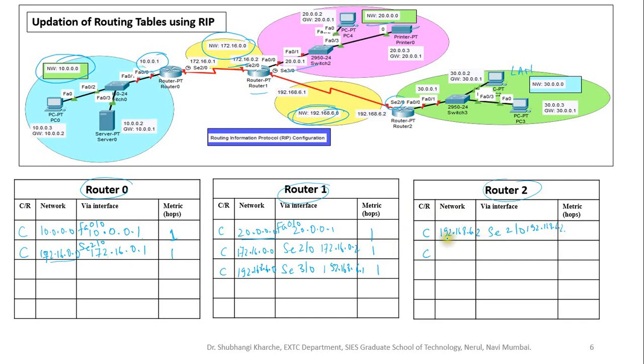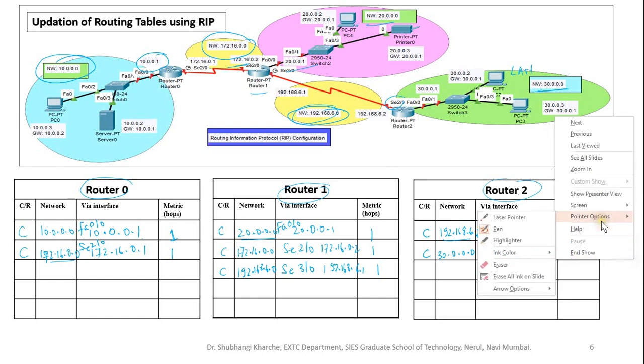I'm sorry, here the network is 192.168.6.0, and the hop count required to reach this network is 1. Now router 2 can reach this LAN network, which is a class A network, 30.0.0.0, via the FastEthernet interface 0/0 having an IP address 30.0.0.1 with a hop count of 1. So far we have noted down the directly connected paths for the routers.